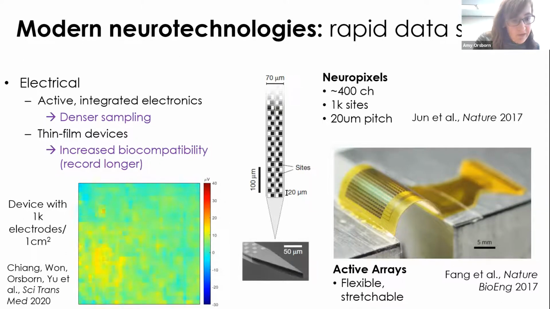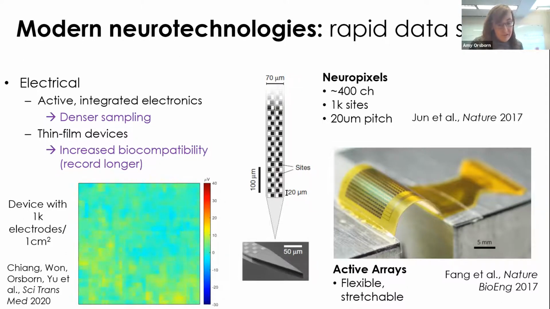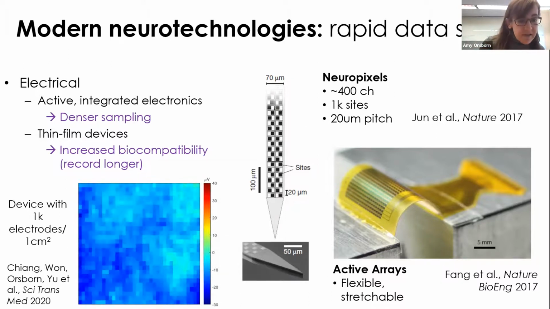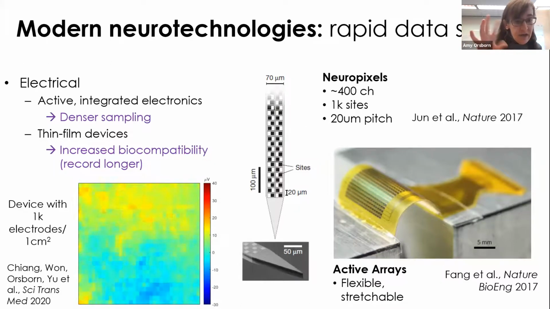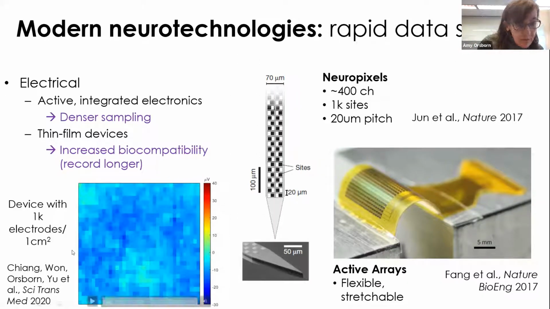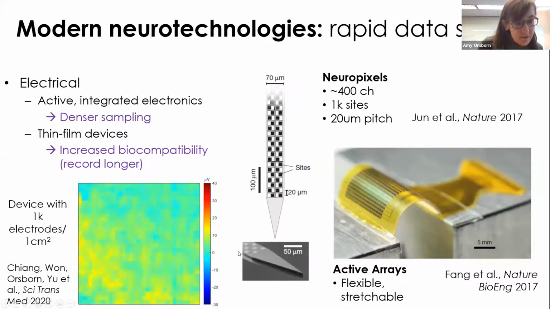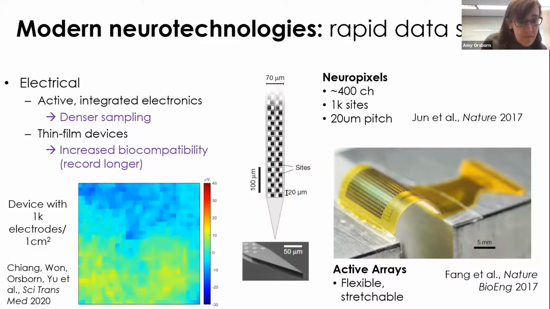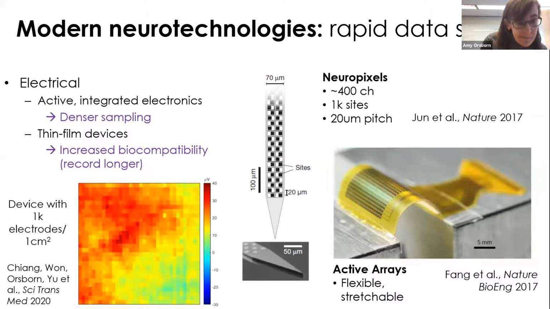But here's just a quick video to give you a sense of what we start to pick up when we can make these really high density measurements. So this is activity as a monkey is watching just a simple video played to them. It's a very simple behavior, but you can see that there's really complex patterns of activity across the brain that we can resolve with this.